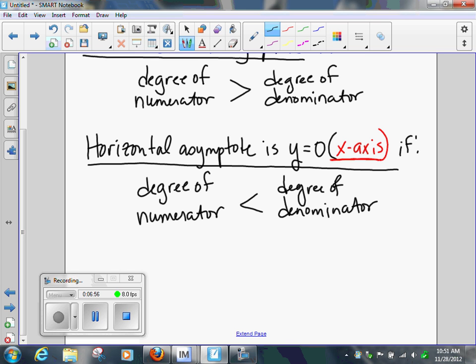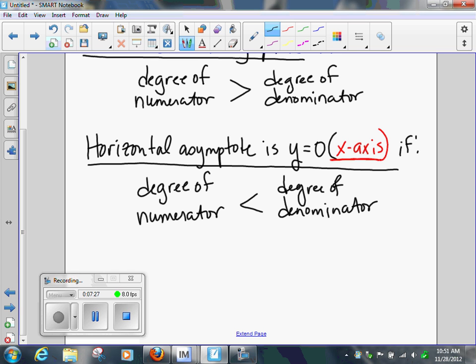Let me make sure now. Numerator less than denominator. Yep, okay. Just want to make sure I'm copying it right. So the horizontal asymptote will be the x-axis if the degree of the numerator is less than the degree of the denominator. And we looked at functions like that yesterday, like f of x is equal to 3 over x minus 1. Okay?